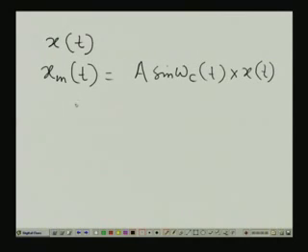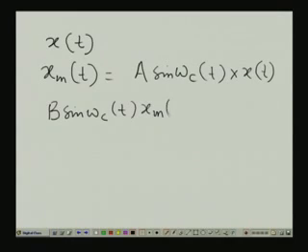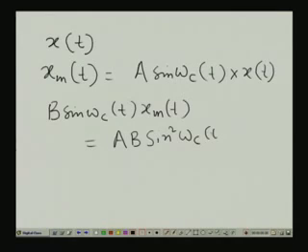There are various strategies. One of the strategies would be to multiply x_m(t) again by, suppose, B sin(omega_c t). Then this will be AB sin^2(omega_c t) into x(t).